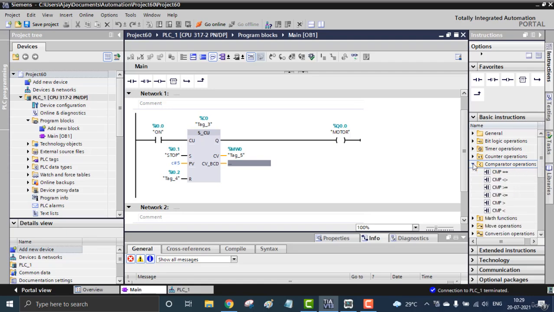I'm taking the comparison, and the counter will be working like if it reaches 5 counts or above 4 counts, I need to get the Q0 or the output on. For that I have 6 different types of comparators: equal to comparison, not equal to comparison, greater than and equal to comparison, less than and equal to, greater than and less than.